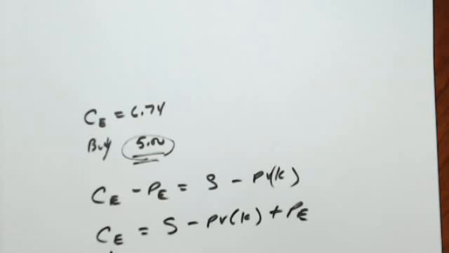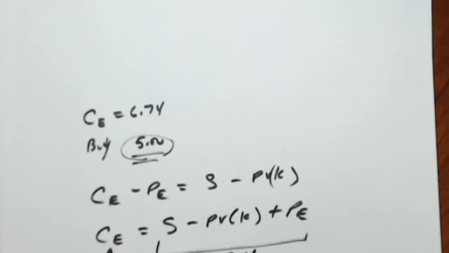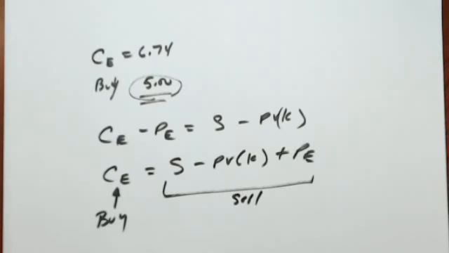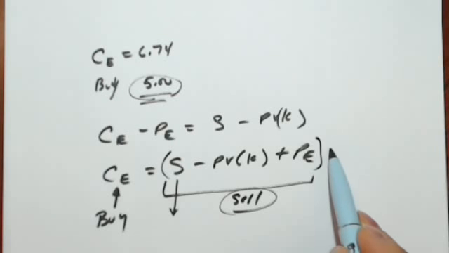I want to buy this side, which means I want to sell this whole side, to do an arbitrage situation. So I want to sell the stock. Since I want to sell this whole side, I have to multiply the whole side by -1 essentially. Put a negative sign in front of everything.